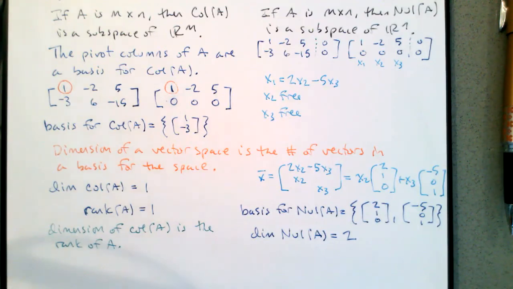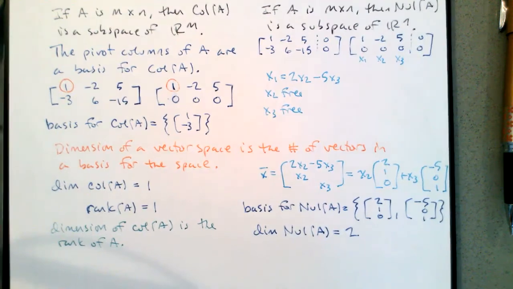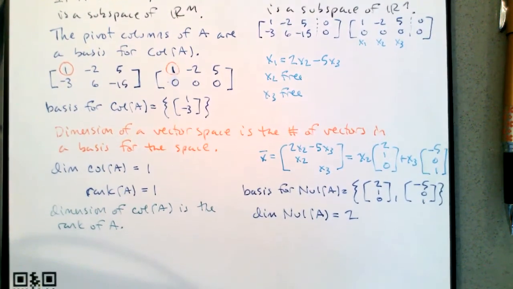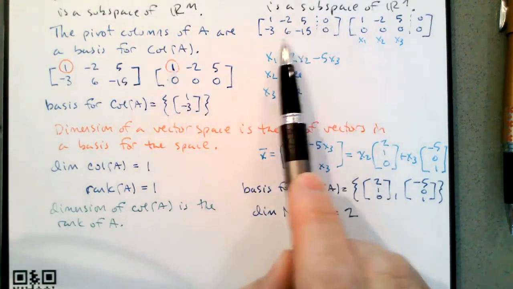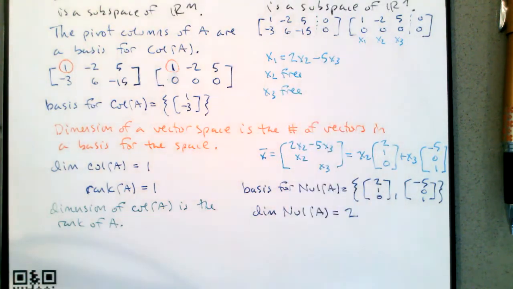One important result that we want to note is that the column space is the span of the pivot columns of A. And for each non-pivot column, that gives us a free variable in the solution set to the homogeneous equation.